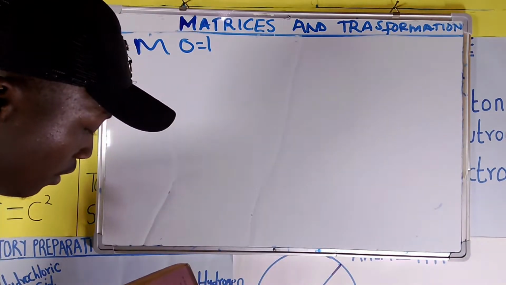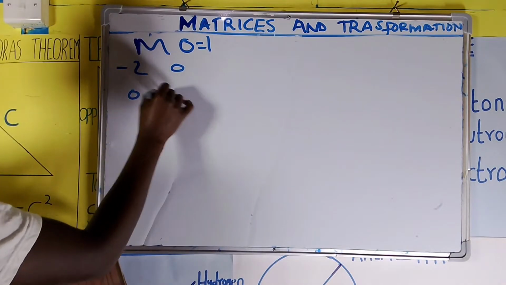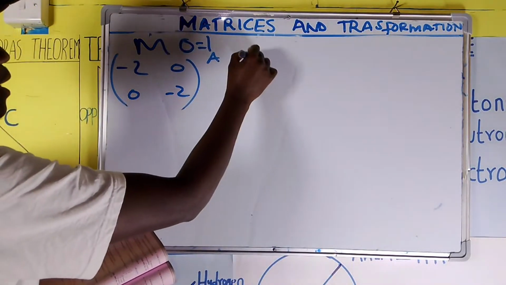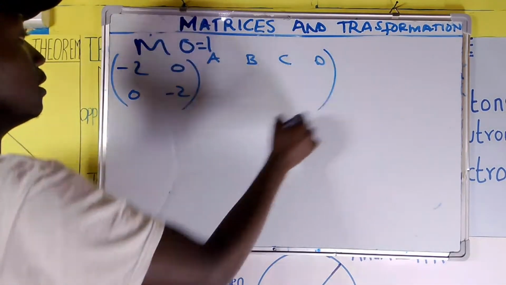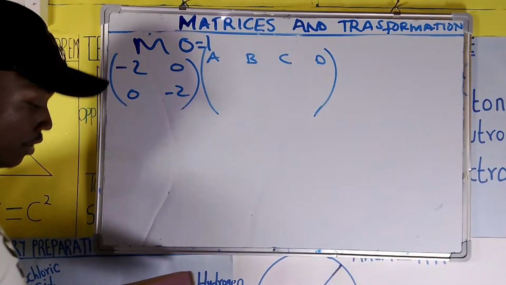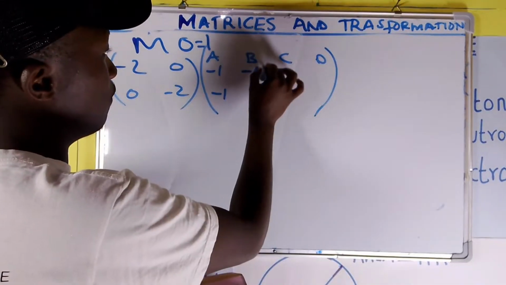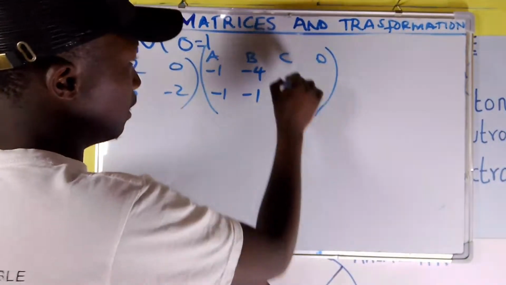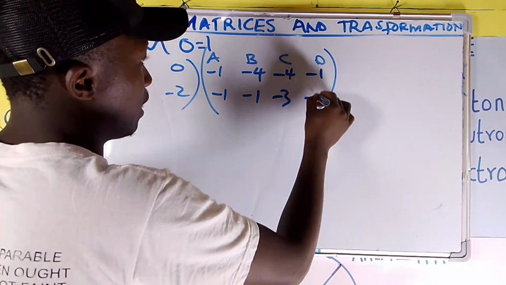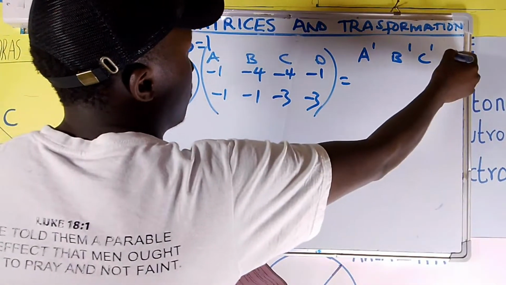So we are going to multiply our matrix -2, 0, 0, -2 by our object A, B, C, D, which is -1, -1, B -4, -1, C -4, -3, D -1, -3. When we multiply it will give us A prime, B prime, C prime, D prime.